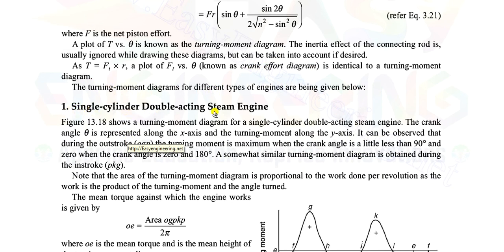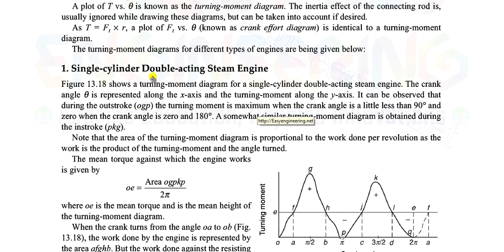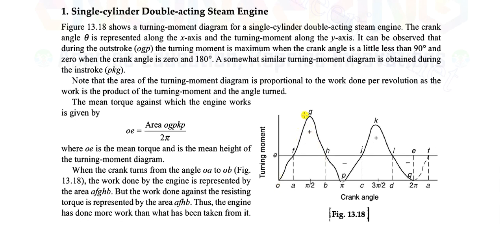This is a single cylinder double acting steam engine. Read this theory somewhere, what a double acting steam engine is. If you draw a turning moment diagram for a single cylinder double acting steam engine, it will be like this.